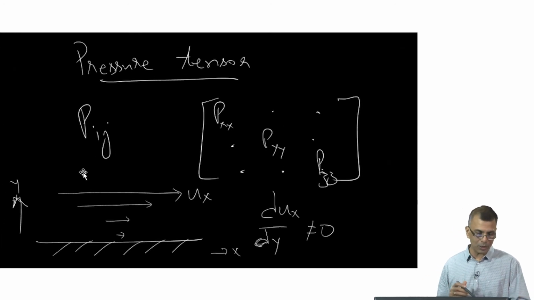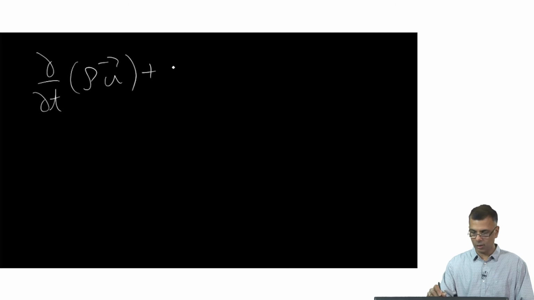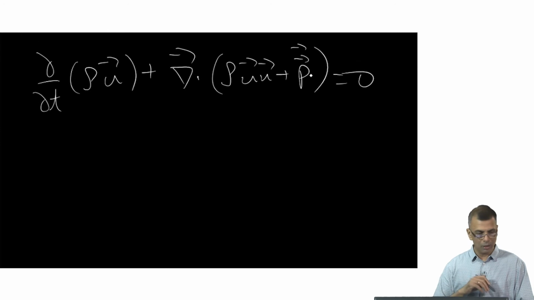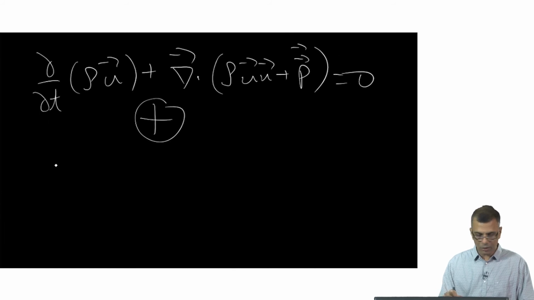And in this situation, the momentum equation gets a little simpler, so I write down the full momentum equation once again, plus the divergence of this tensor, plus the mass continuity equation.